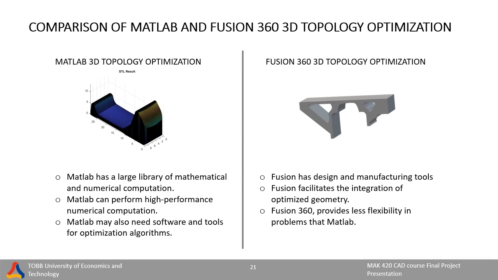And it facilitates the integration of optimized geometry with other design phases. Fusion provides less flexibility in problems that need to be optimized compared to MATLAB. As a result of the comparison of the two programs, it has been observed that the design obtained in MATLAB is more suitable for the requirements.